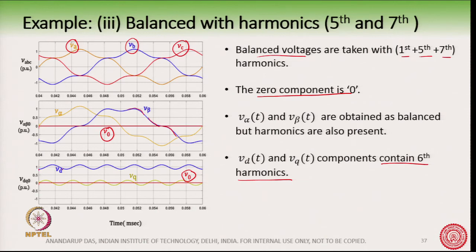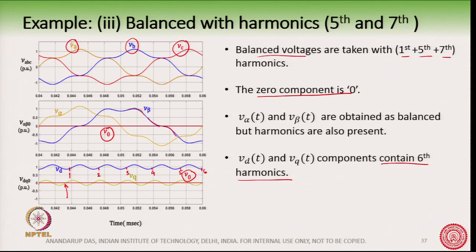You can start from here, say you are here, it is 1, 2, it is almost here 3, 4, 5, 6. Okay. So, there is a sixth harmonic ripple or a sixth harmonic AC component present on Vd, and similarly it is also present on Vq. Okay. Where does this sixth harmonic come from?